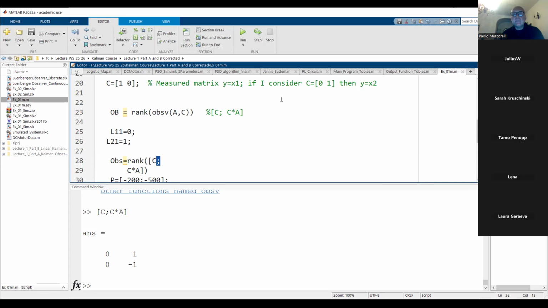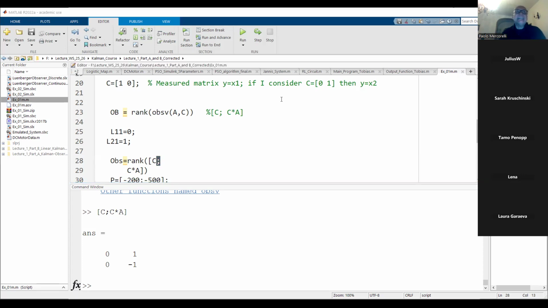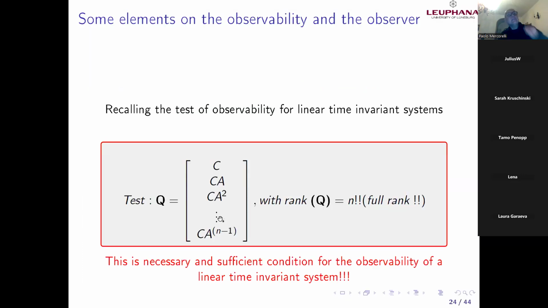Then I try to explain again the sense of this observability matrix without a strict or rigorous demonstration. In literature, you can find a real mathematical demonstration. Why that? If you look at the structure here, assuming that we agree that this is an observability matrix, to agree we have to look at the theorem.